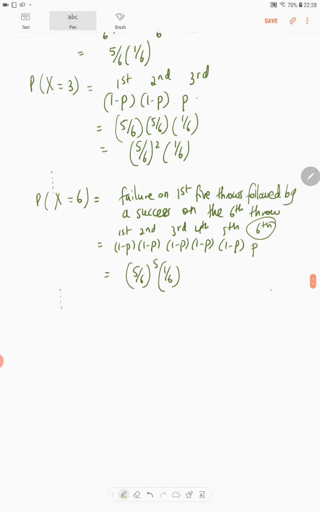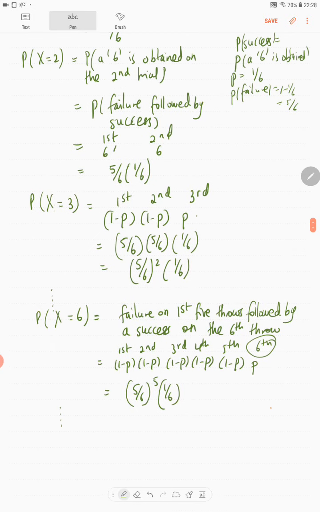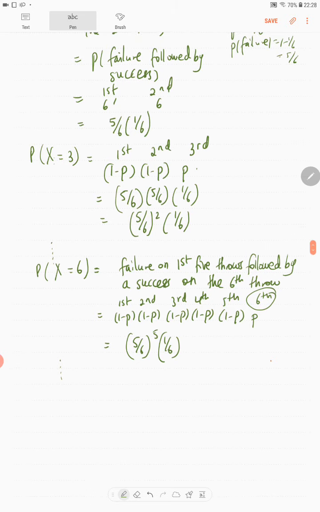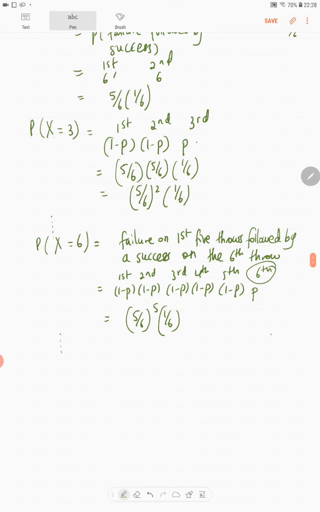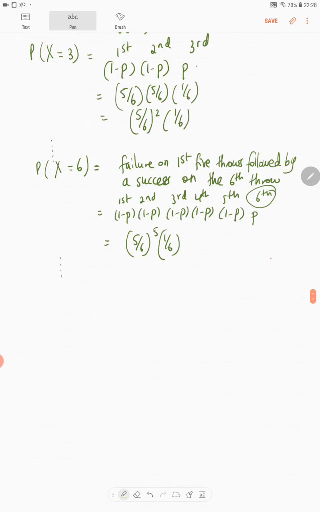Here you will see a pattern is being formed. When we have x is equal to 2, we have one failure. When we have x is equal to 3, we have 2 failures before the success. So it's failure power 2 times success. For 6, it's failure power 5 times success, probability of success, which is 1 over 6.